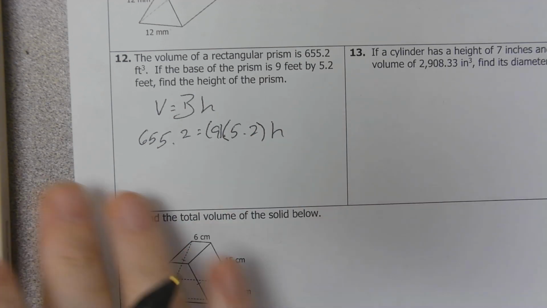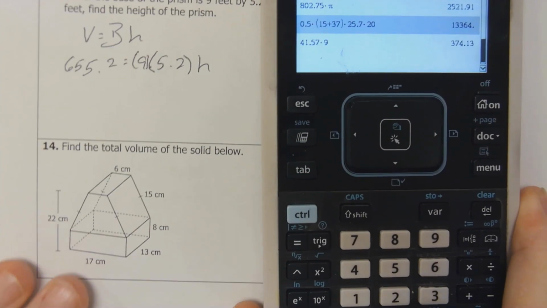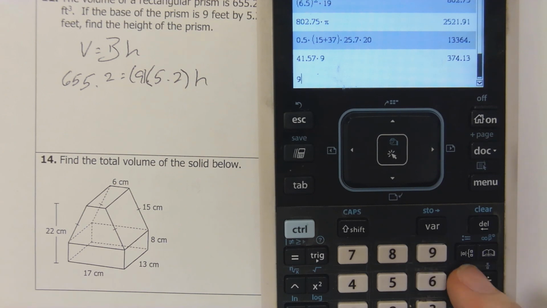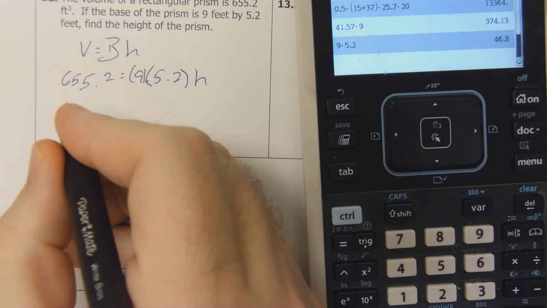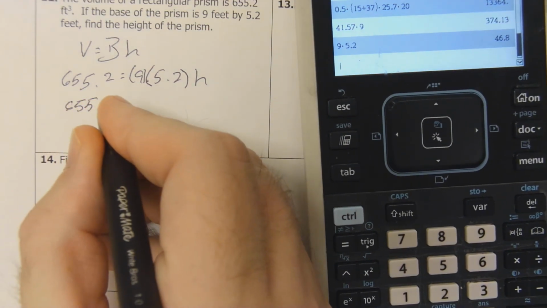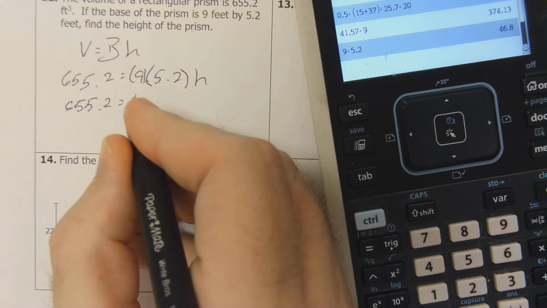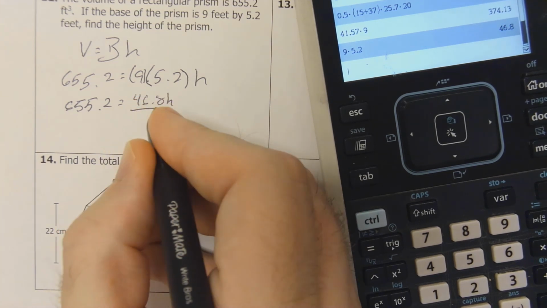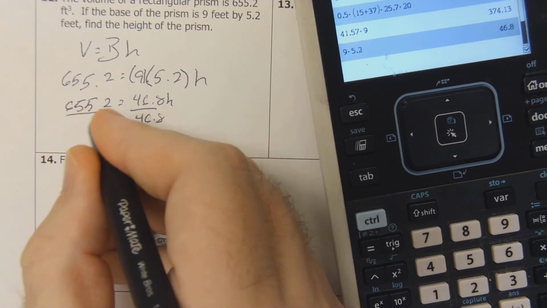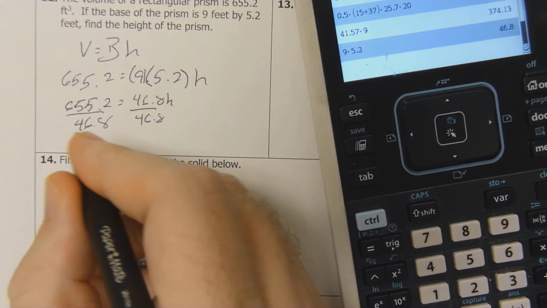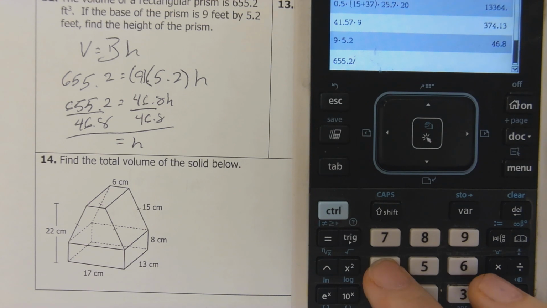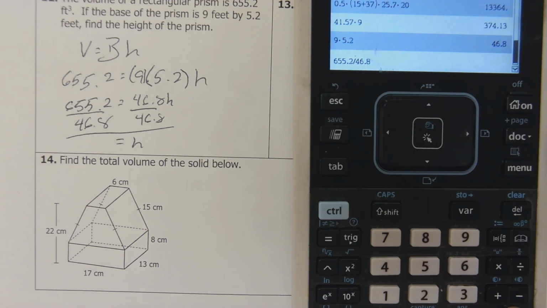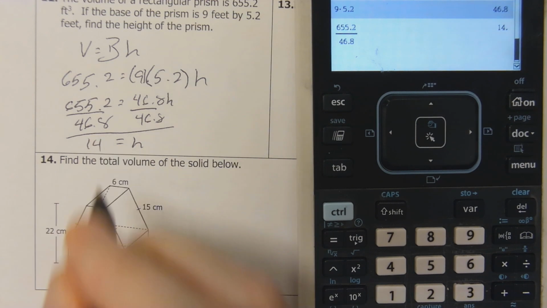So solve for h. Well, this is a basic equation. 9 times 5.2 is 46.8. Divide by 46.8. And we get 14. So there's your height.